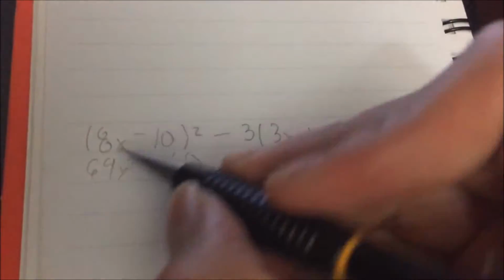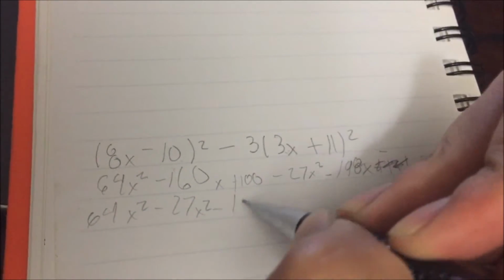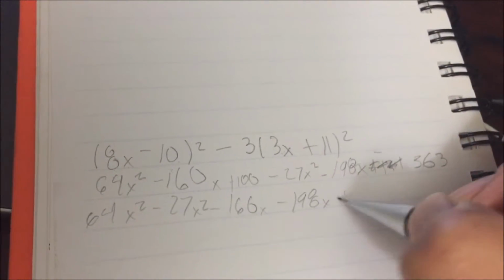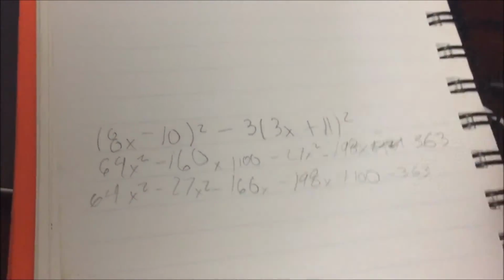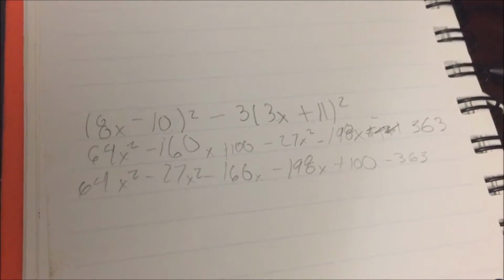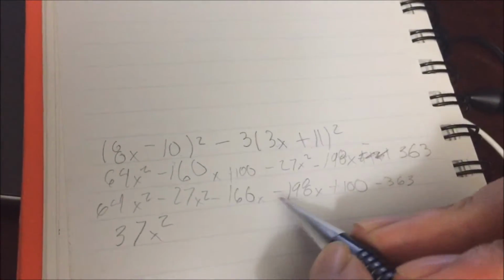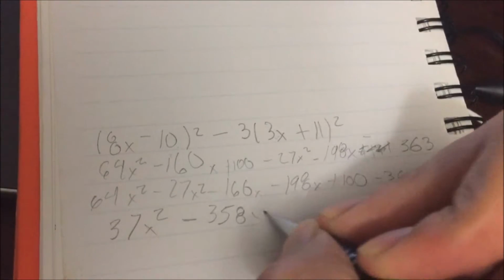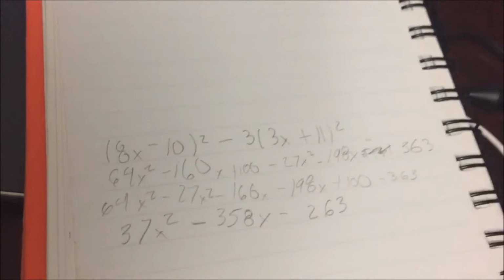Okay, so regarding 36, the square is 64 minus 27, 37x squared, and less 358x, less 263.